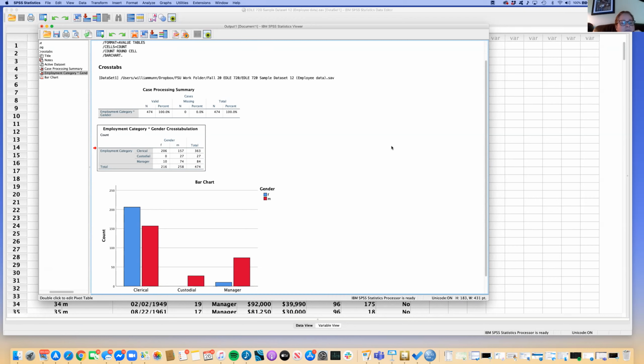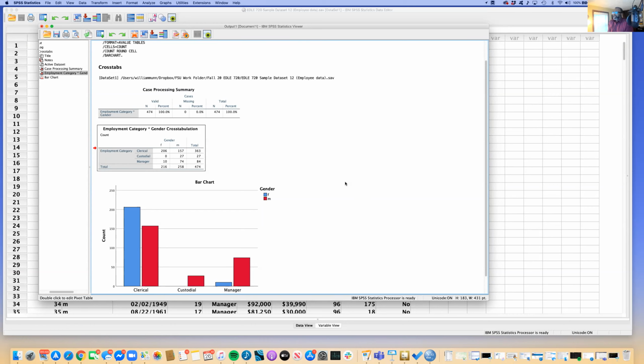So 206 female, 157 male clerical for a total of 363. And then no female custodians, 27 male and 27 total. 10 managers are female, 74 male, and 84 total. And then it gives us total female, male, and out of the total. So 216 female, 258 male, for a total of 474 employees, which is the sample.